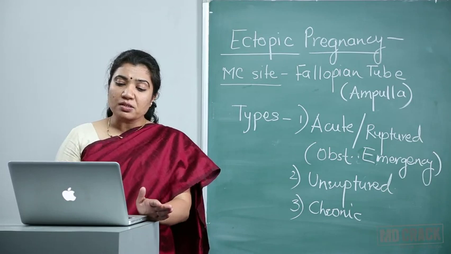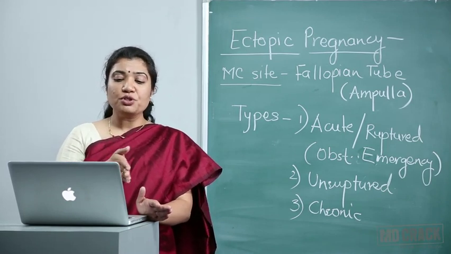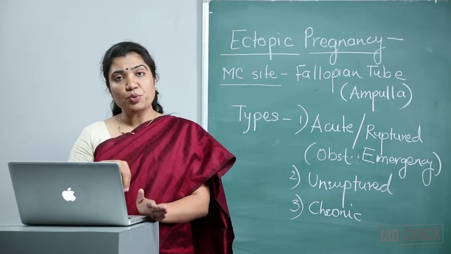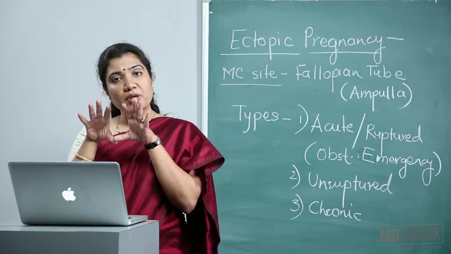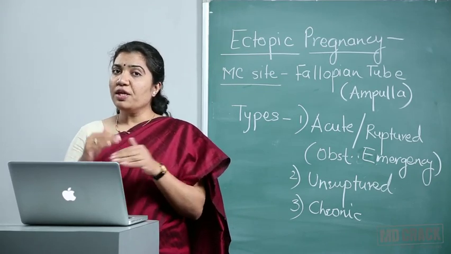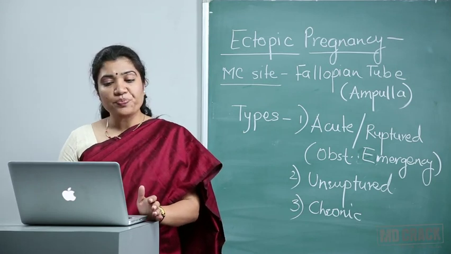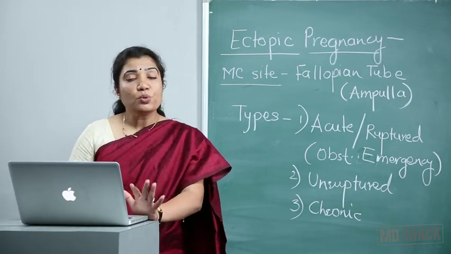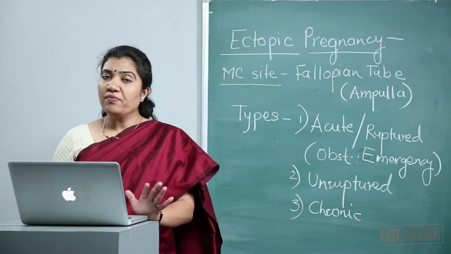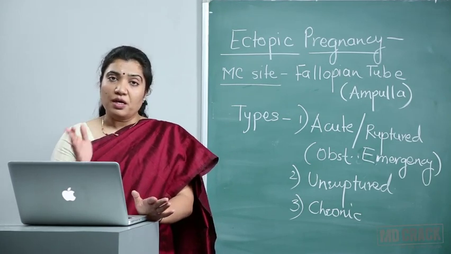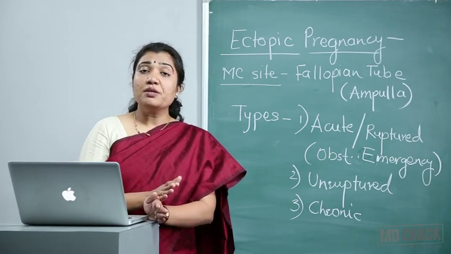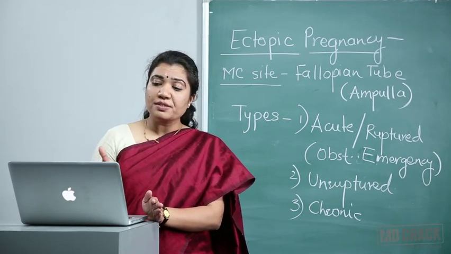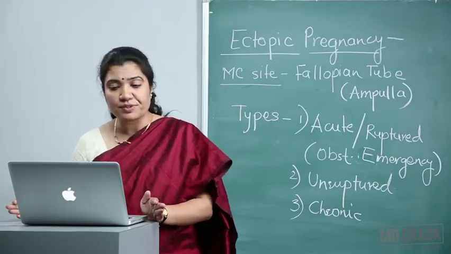Or there can be factors which will facilitate the nidation of the fertilized ovum in the tubal mucosa and thus the embryo remains over there. So any of these factors would lead to ectopic pregnancy. What are these? Most common is PID, pelvic inflammatory disease. If a patient has history of PID, her risk of having an ectopic pregnancy increases 6 to 10 folds.